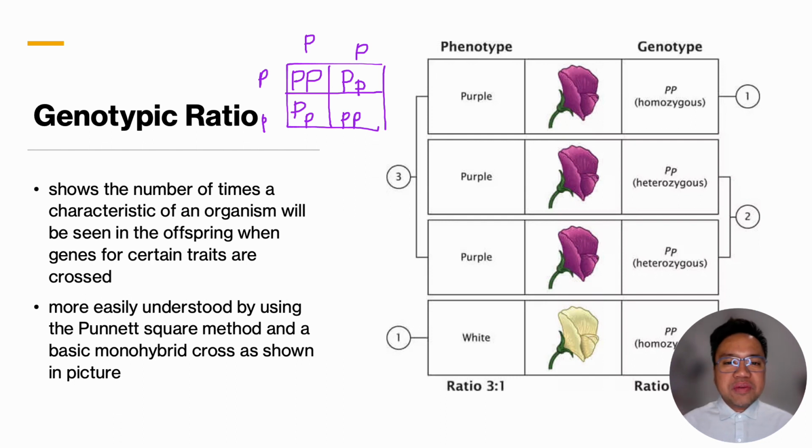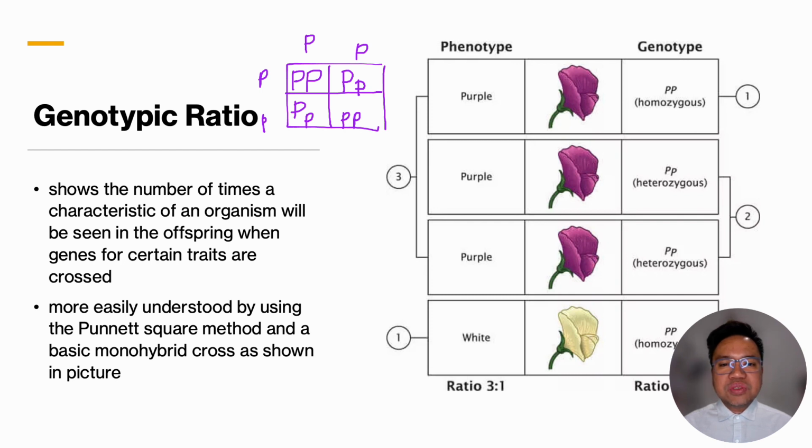The genotypic ratio shows the number of times a characteristic of an organism will be seen in the offspring when genes for certain traits are crossed. This is more easily understood by using the Punnett Square method and a basic monohybrid cross.